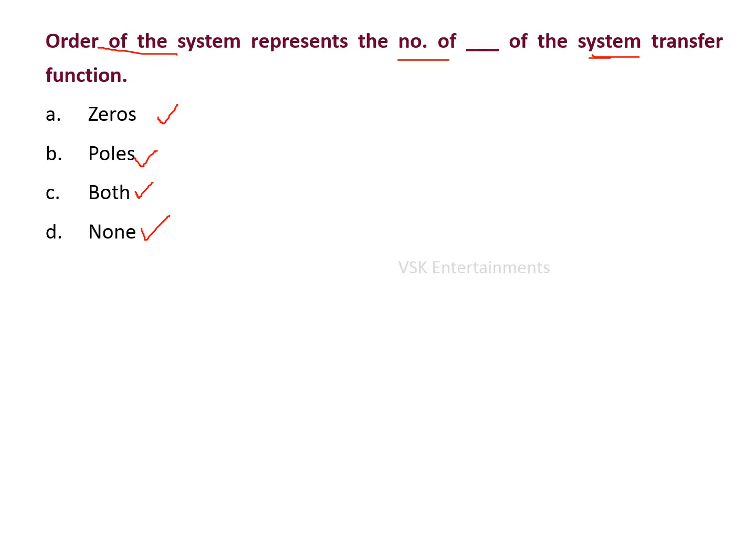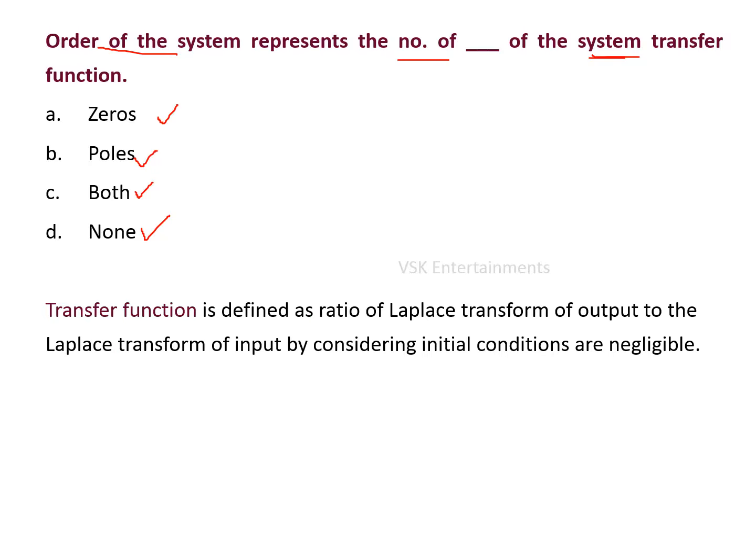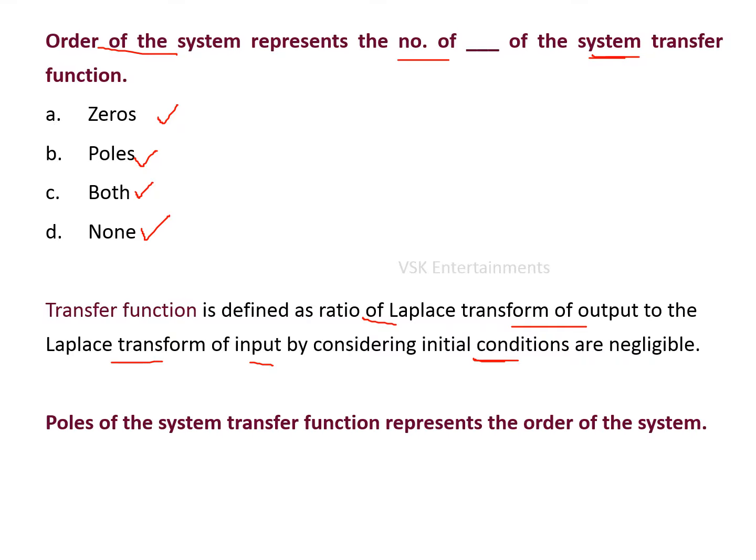Here the transfer function is defined as the ratio of Laplace transform of output of the system to the Laplace transform of input of the system by considering initial conditions are negligible. Here the poles of a system transfer function represent the order of the system.